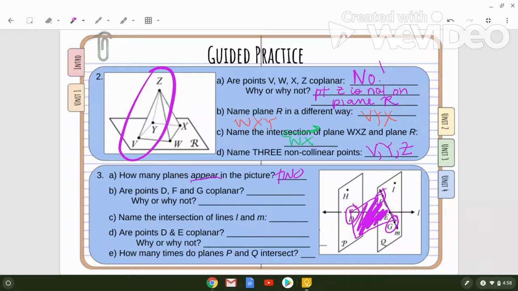So the bottom line here is that whenever you have 3 points, 3 points will always be coplanar. The answer is yes.